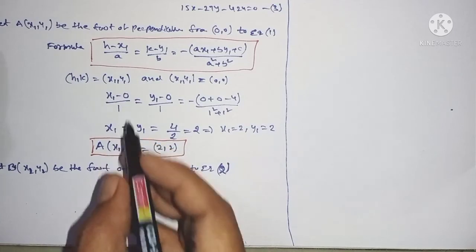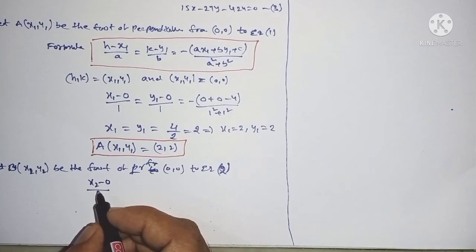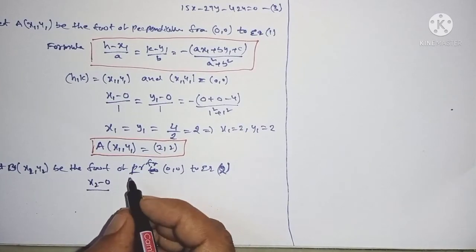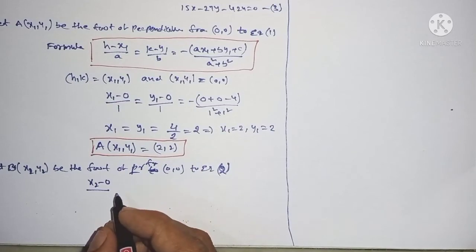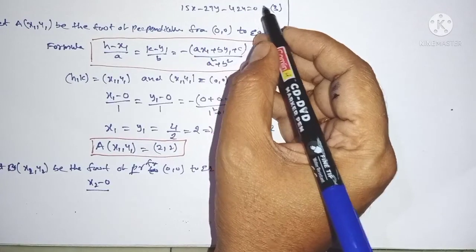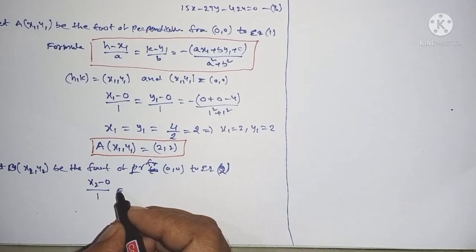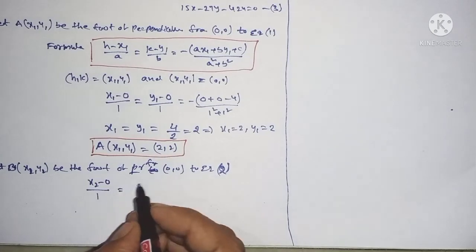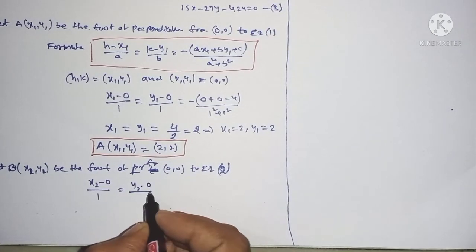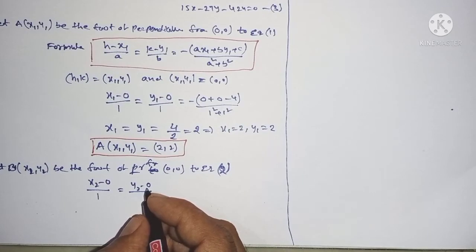Therefore, I can write directly x2 minus 0 by 1 is equal to y2 minus 5 by 1 only.